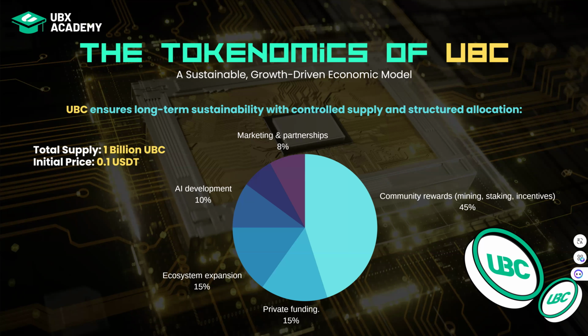As you can see, UBC empowers its community through staking and a governance model that ensures decentralization and active participation. Users can stake UBC tokens to support the network and earn passive income, incentivizing long-term holding. It's using a deflationary mechanism to maintain the token value and prevent inflation. A burning mechanism model is in place, so a portion of the tokens is burned to reduce the overall supply through transaction and service fees.